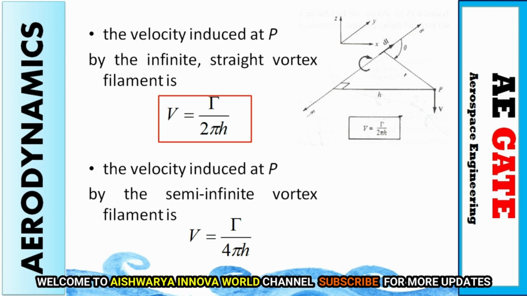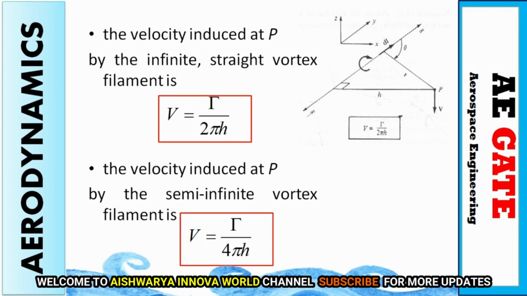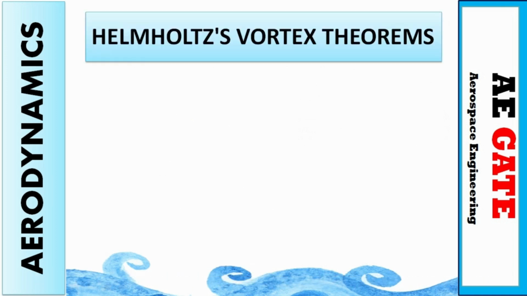Similarly, the velocity induced at point P by a semi-infinite vortex filament is V equals gamma divided by 4 pi h. These are important formulae. They ask a few MCQ questions from this concept.